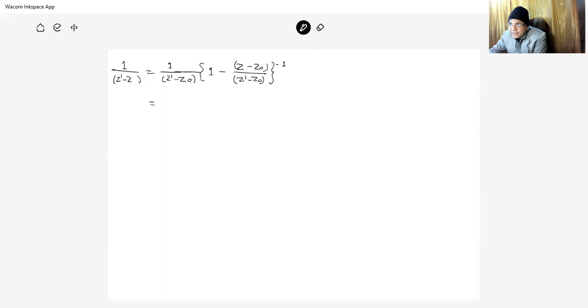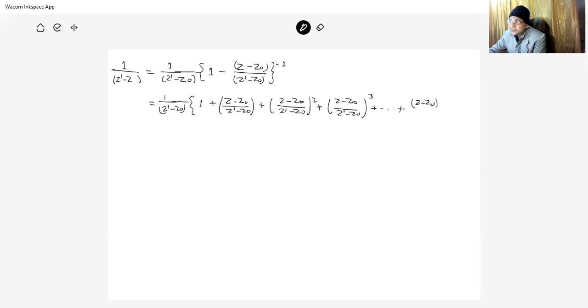And this can be expanded as 1 upon z' minus z0, and inside the bracket, 1 plus z minus z0 upon z' minus z0, plus z minus z0 upon z' minus z0 whole square, plus z minus z0 upon z' minus z0 cube, and so on, up to z minus z0 upon z' minus z0 to the power n, plus so on.